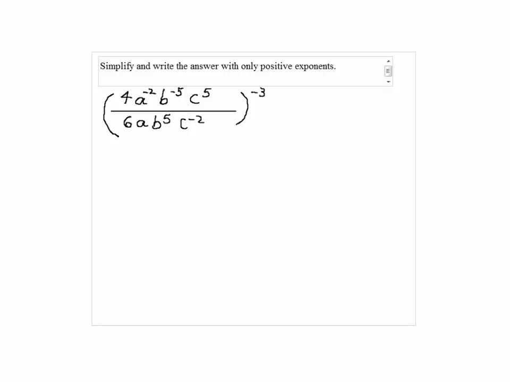At the bottom of the fraction we have 6 a, b to the power of 5, c to the power of minus 2, and the whole thing is to the power of minus 3.